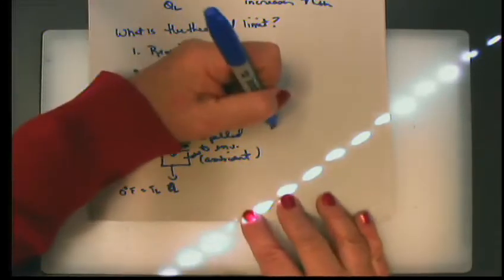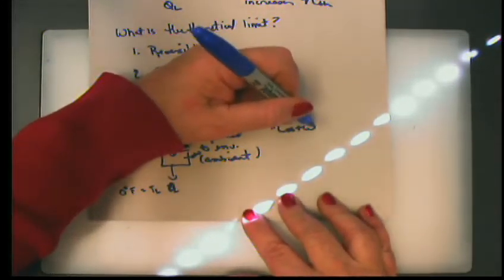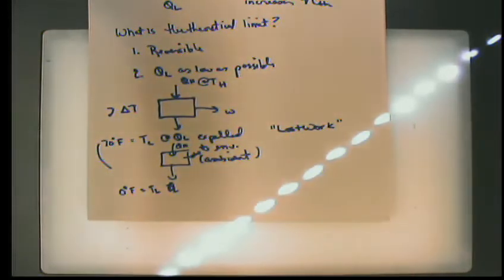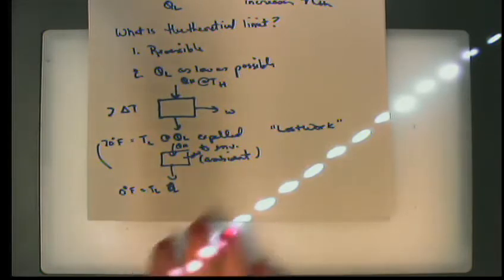Now, later on, we're going to quantify this a little bit more, but one of the terms for this idea is lost work. Now, this is very theoretical because we cannot drop the temperature of the ambient. It's just not possible. However, whatever temperature we're at the ambient, if it's above absolute zero, which is the theoretical minimum, there's some heat that we cannot recover, there's some work that we cannot recover, due simply to the fact that we're expelling to an environment that's at a temperature greater than absolute zero.